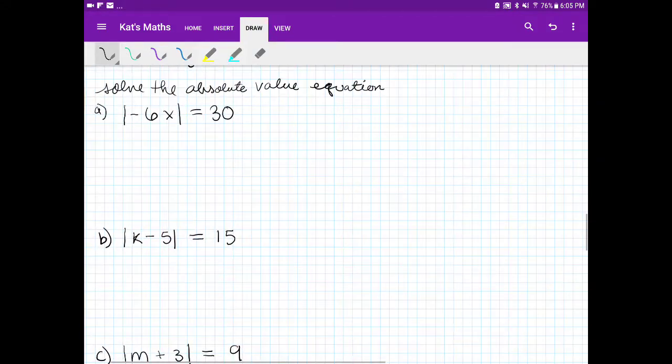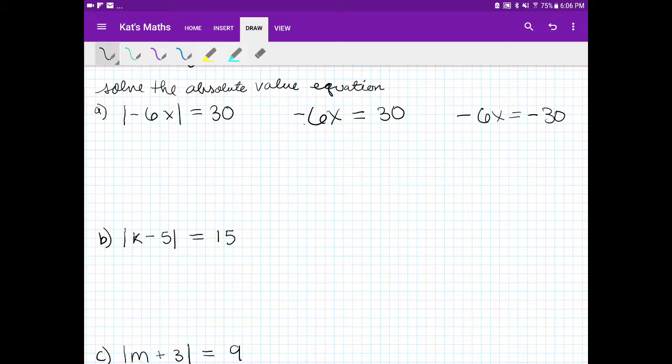Now we're going to do some absolute value problems. So with absolute value equations, when you solve them, you end up with two answers, or you end up with x is this or this. So for the first equation, to set it up, you have negative 6x equals 30. And then you have, I'll write right here, negative 6x equals negative 30.